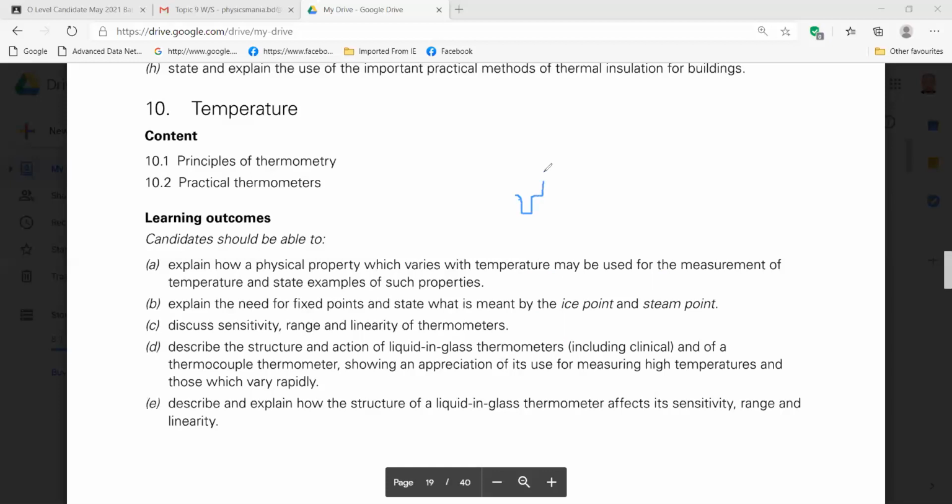You draw the thermometer, then beside the thermometer you write the first step. First step, step one.